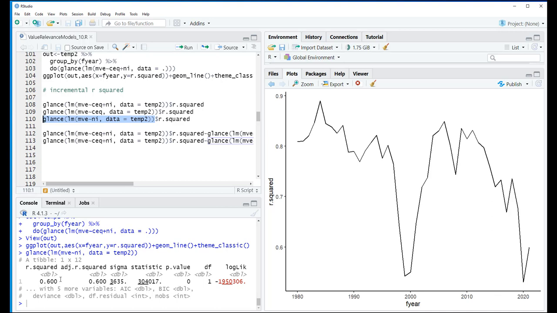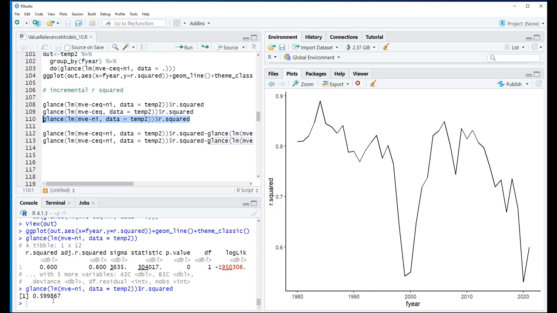Well, we can treat that as a data frame and pull out this column. Remember, we use the $ sign to pull out of a data frame and then call the column R squared. So for net income, what we get for that R squared is 60% if we just use net income.